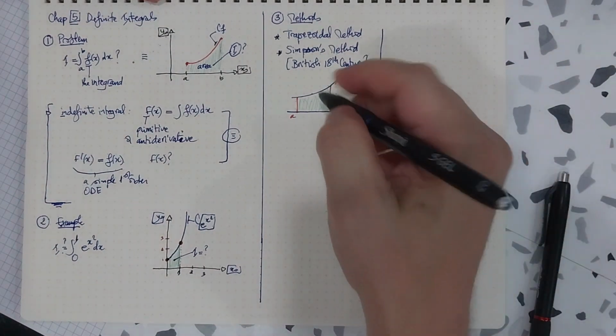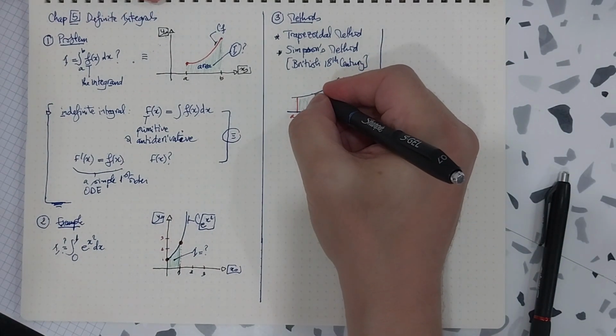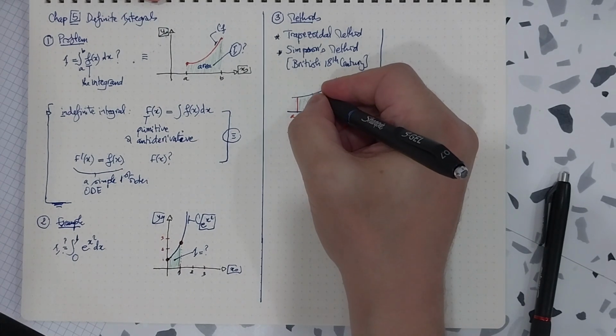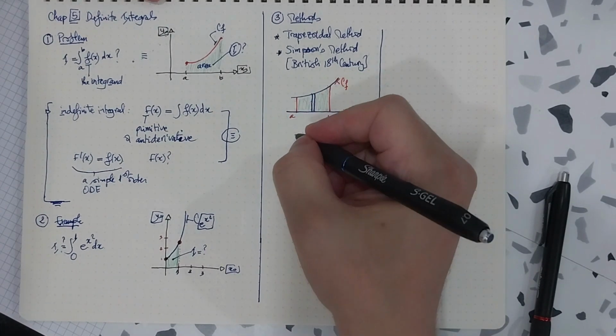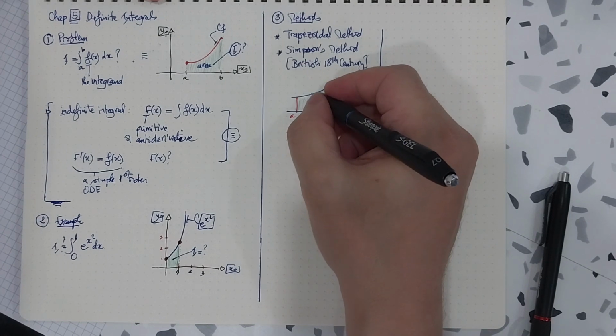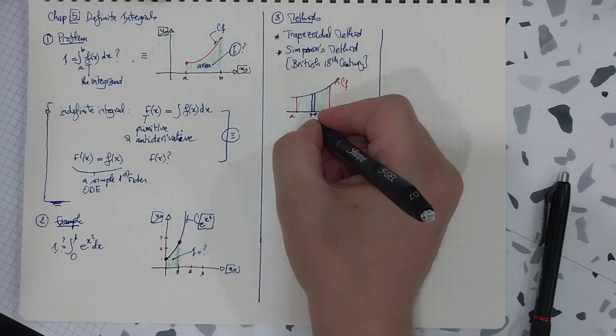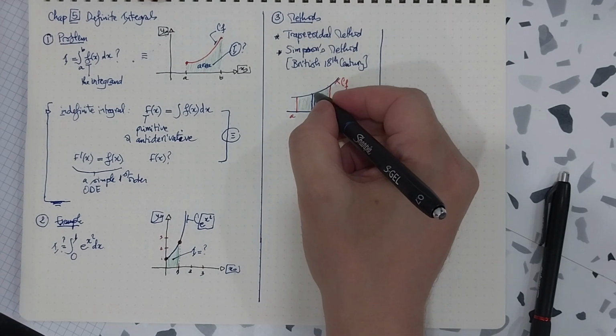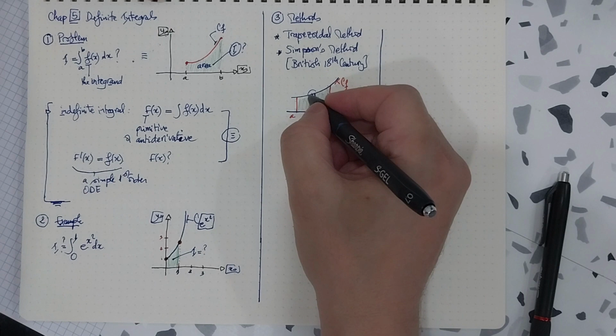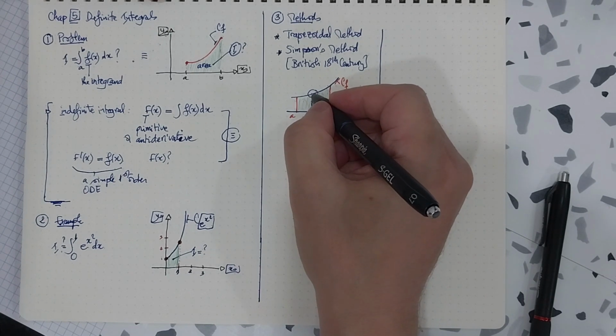These methods are based on a strip with a given width h, and the problem is how we interpolate, how we approximate this part.